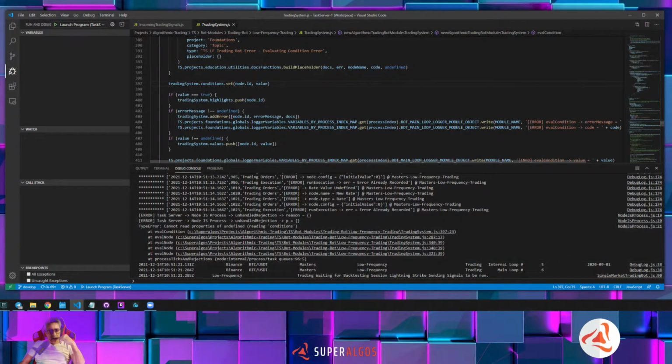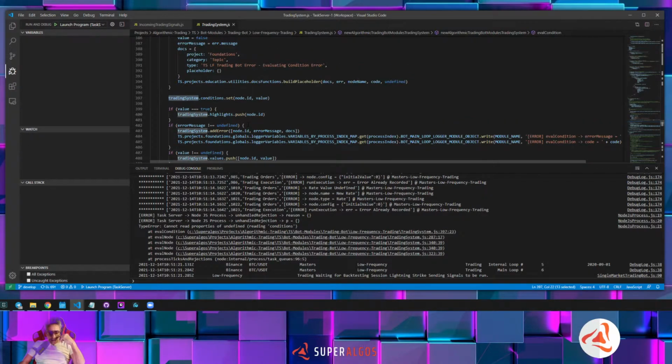So it seems that the trading system at some point in time is undefined, which is really very strange.